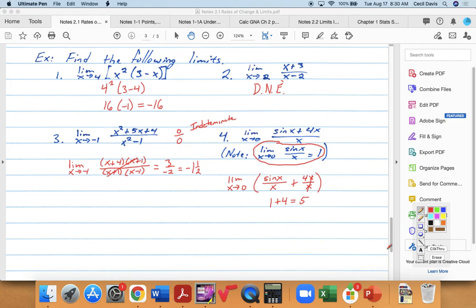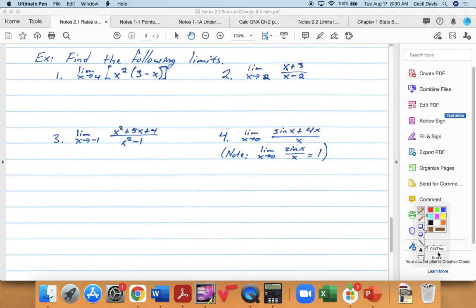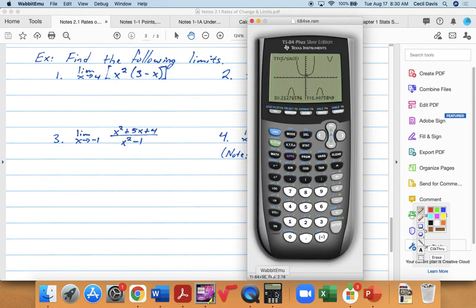Let me real quickly show you that sine of x over x goes to 1 as x goes to 0. All right, this is the graph of x over sine of x. You could do sine of x over x. It would be a different looking graph, but the same thing would happen. Notice when I try to trace this to x equals 0, the function doesn't exist because the denominator is equal to 0. Your calculator used to not do this.